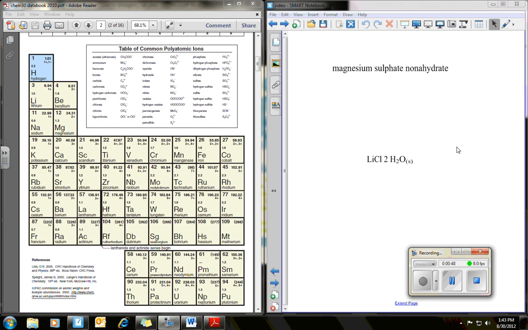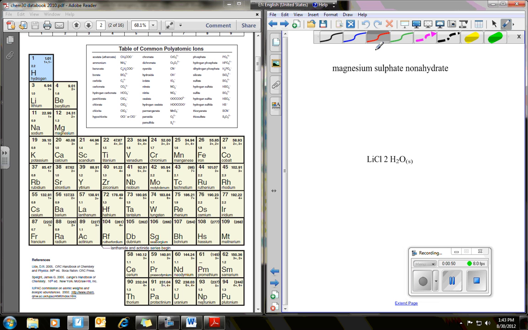So magnesium, if you guys remember the previous lesson, you always need to find what the symbols for the elements are. So magnesium is Mg, and it has a charge of 2 plus. So you write 2 plus on top. Sulfate is sulfur. Sulfur is S, and it has a charge of 2 negative.